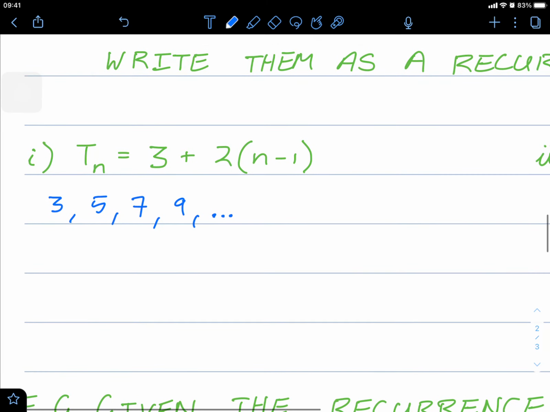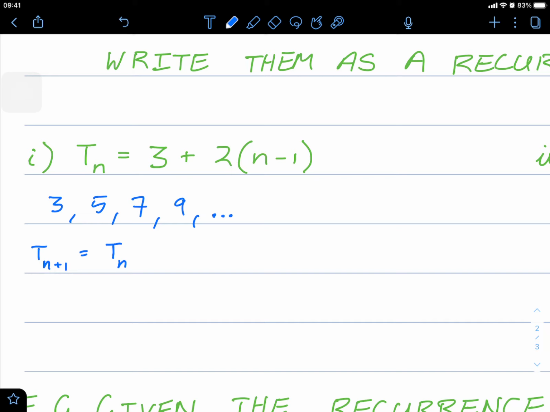So now to make this into a recurrence relation, we can simply say it's always going to be t of n plus 1. So the next term is given as the current term, but notice now what it's going up by. The current term plus 2 gives us the next term.